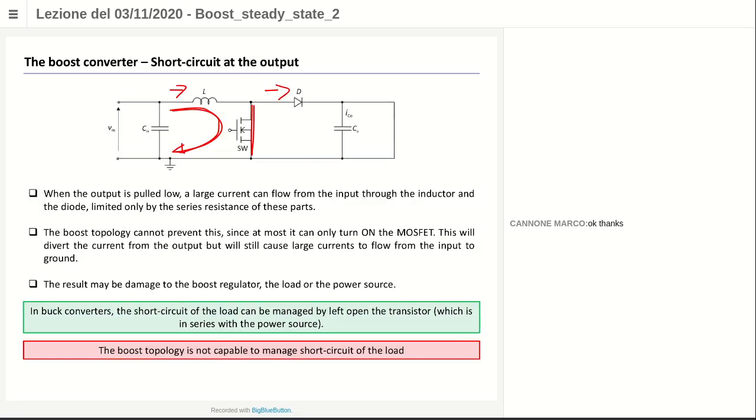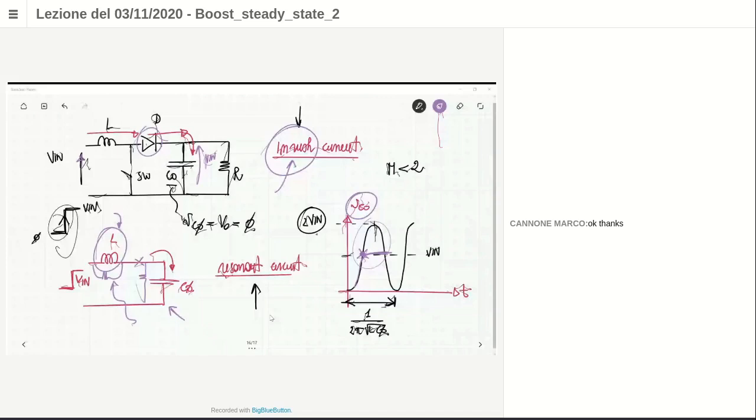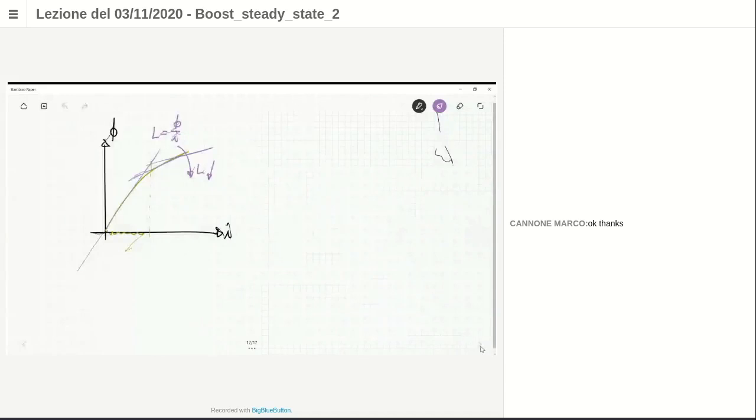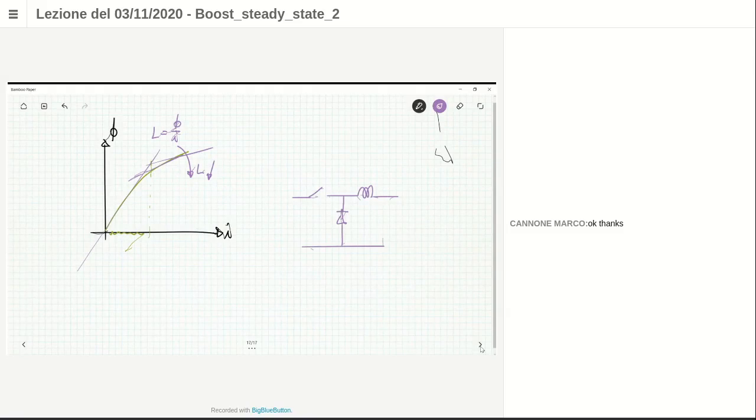By the way, let me again share because this is important. This happens for the boost. The boost has this problem. But what happens for the buck? If you have a buck, supposing that you are turning on your converter, what happens?